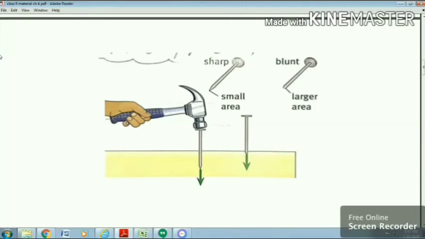The best example is just in front of your eyes, a sharp nail and a blunt nail. In a sharp nail, the area of contact is less as compared to a blunt nail. So it is very easy to apply more pressure with a sharp nail.